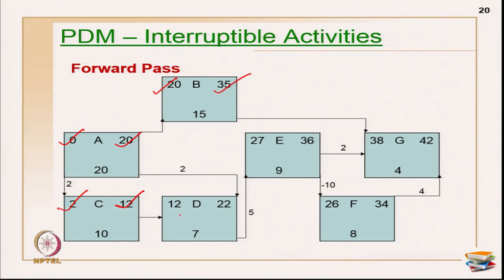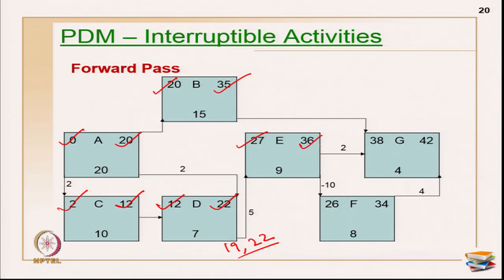Now, let us start moving on here. This is 12. I can still put the 12 because this is an interruptible activity execution. 12 plus 7 is 19 here, and 20 plus 2 is 22. Now, what happens? You have to take the maximum, so this becomes 22. 22 plus 5 is 27, 27 plus 9 is 36.